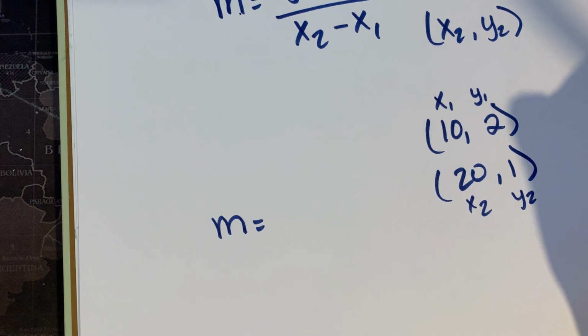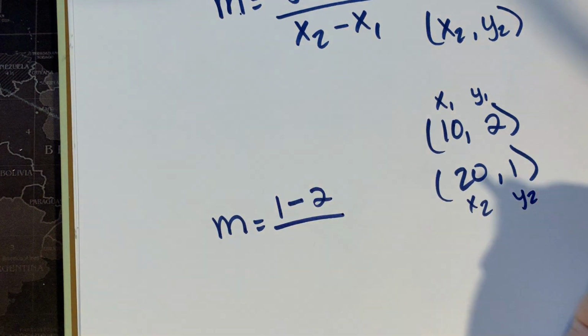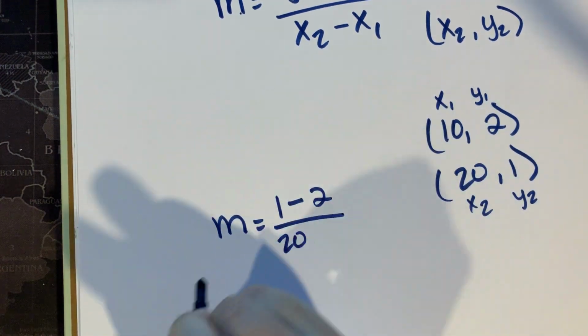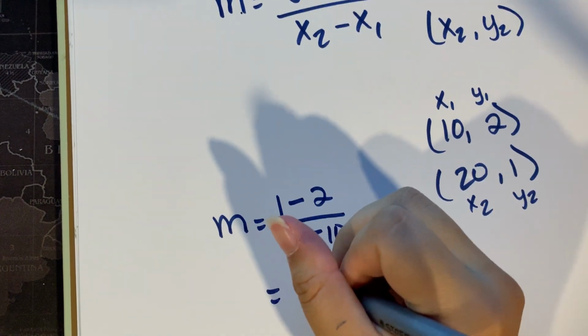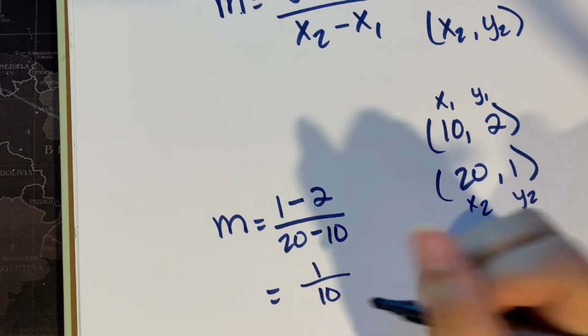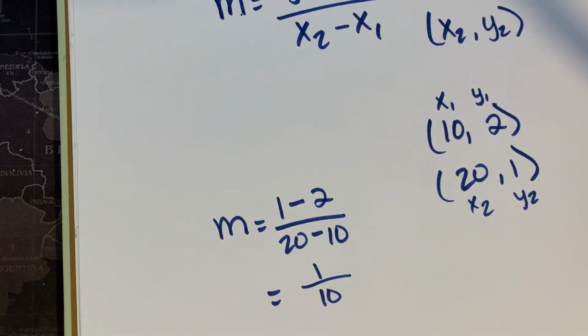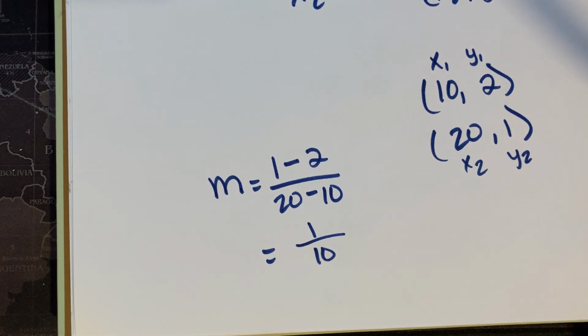So I'm going to have 1 minus 2 divided by 20 minus 10. And then just solve. I'm going to have 1 over 10. That's your slope. That is it. That is all of unit 1.